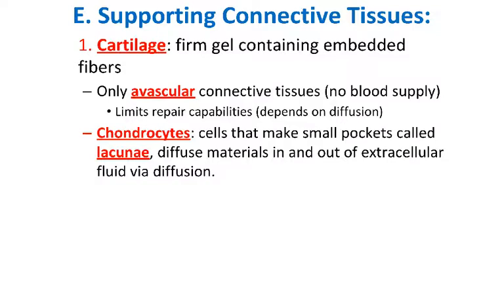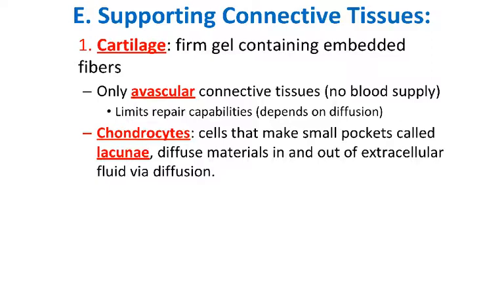And the pocket that they're sitting inside is also known as the lacunae. The lacunae and the gel matrix are still able to pass material back and forth through diffusion with the outside fluid, but because it's not vascular, it doesn't have that active blood flow throughout the cartilage tissue. It's getting enough stuff to live, but not enough to truly repair and grow quickly if needed.